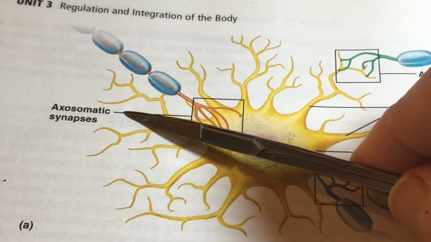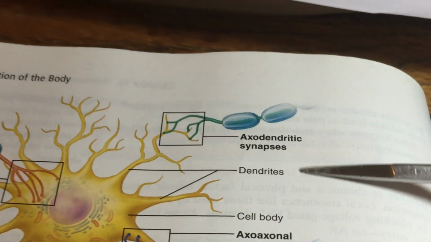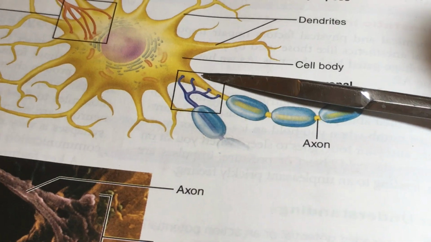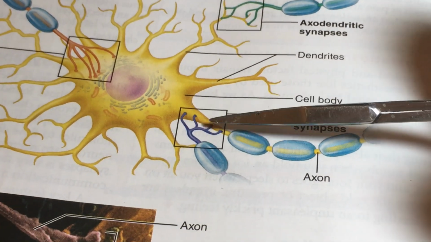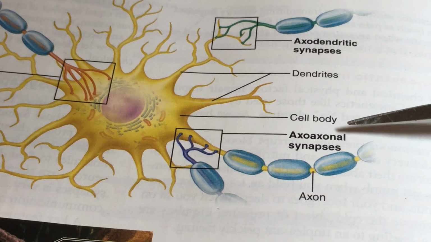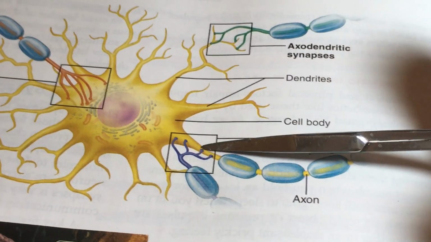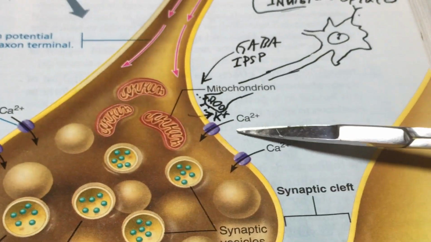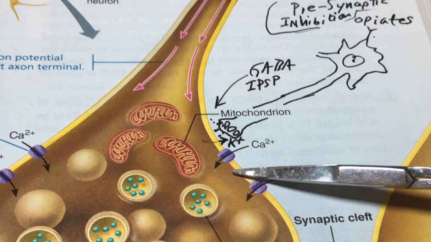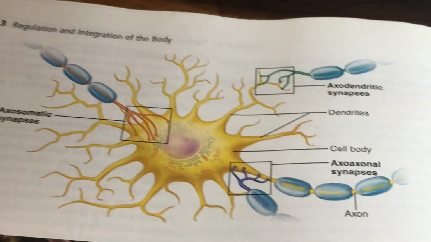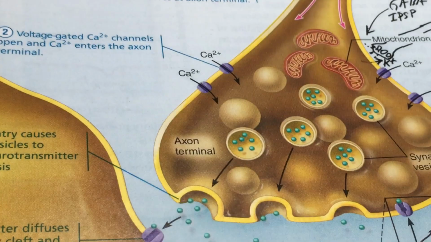This is called axosomatic synapses. This is referred to as axodendritic. Over here, we've actually gone to the axon hillock, which is still able to receive new signals, and we have axonal synapses. And then of course you can come all the way down here. This is a sort of axonal, but it's in the presynaptic position. So that covers all of your possible informations having to do with the synapse.